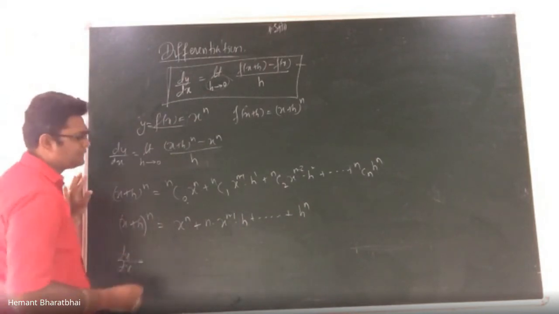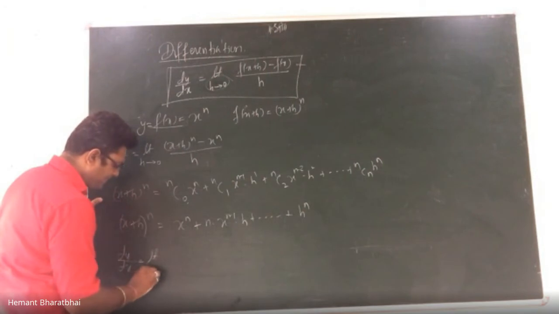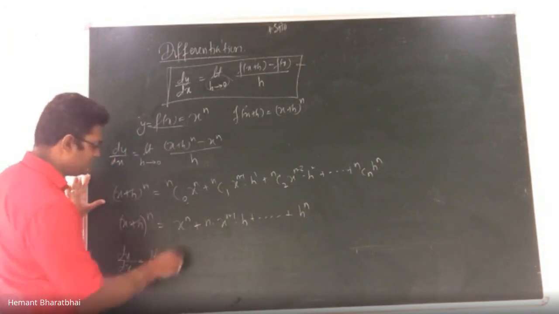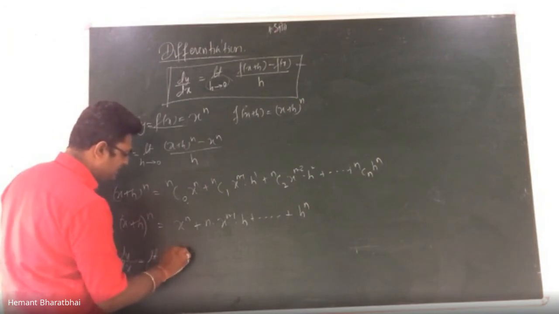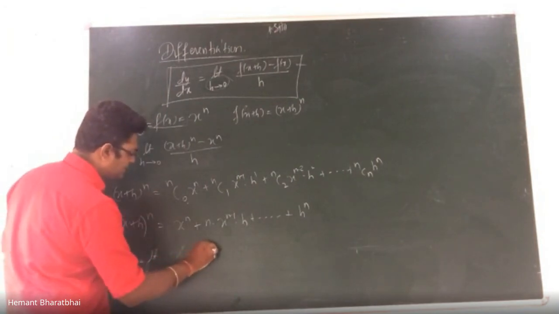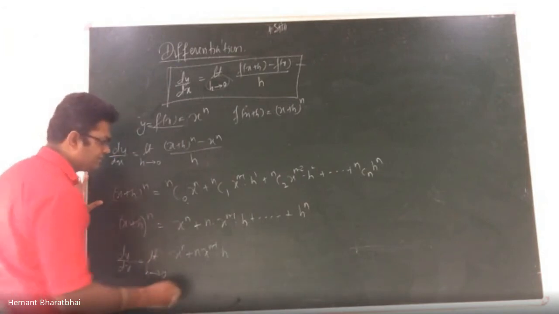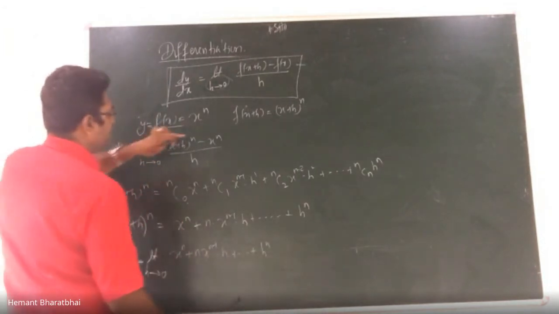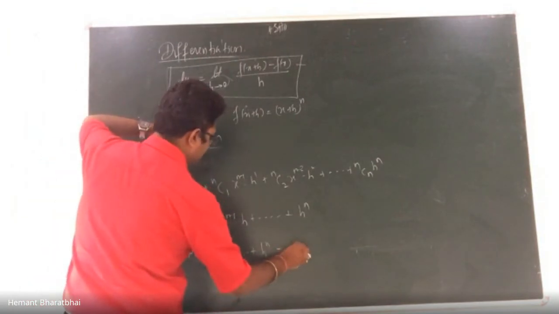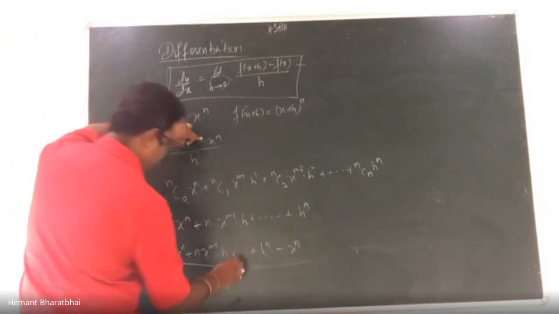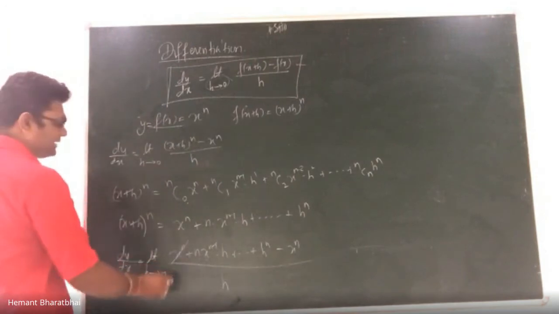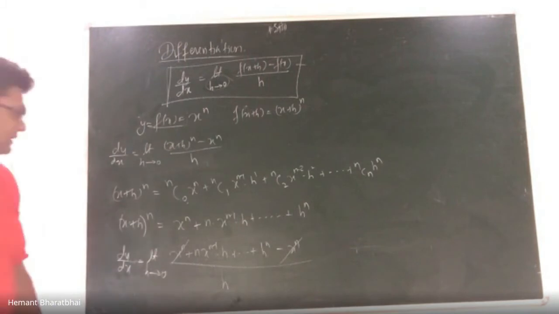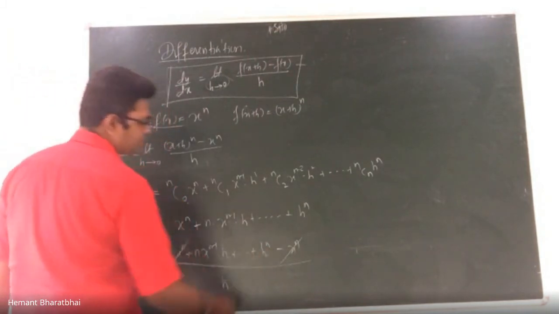So this value I'll substitute over here, so I'll get dy by dx is equal to the limit of h tends to 0, x plus h raised to n can now be written as x raised to n plus n into x raised to n minus 1 into h plus and so on up to h raised to n, minus this x raised to n, upon h. So x raised to n minus x raised to n gets cancelled, and everywhere h is going to be there.